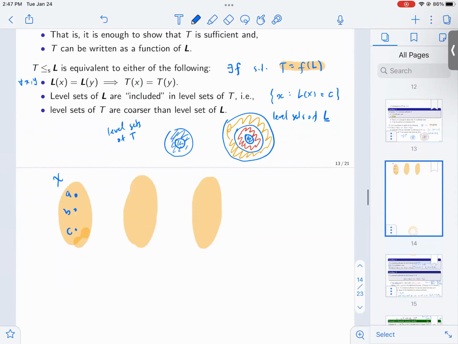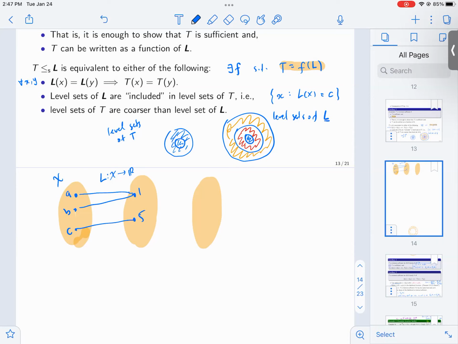So L maps X to, let's say, the reals: 1, 5, 7. This maps these two to 1, and this one to 7. Let's say we don't care about the 7, so 1 and 5 here.